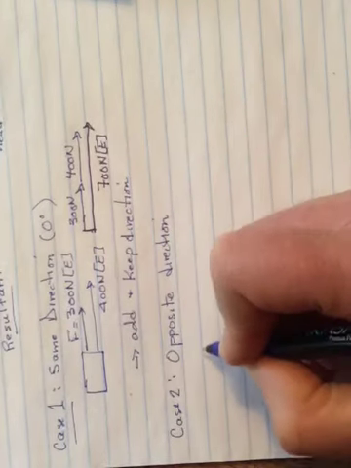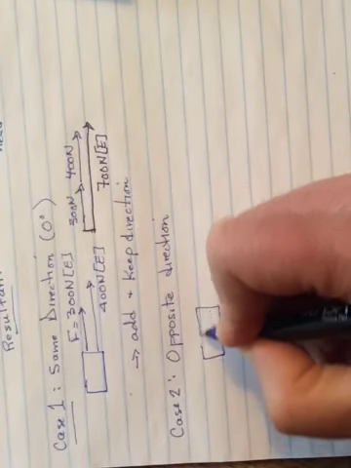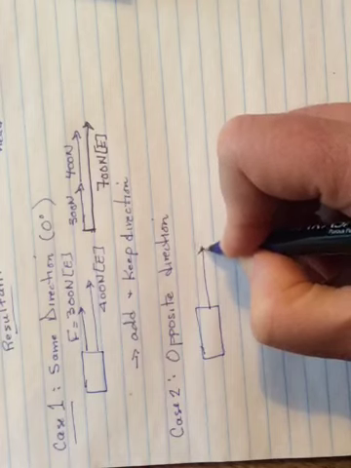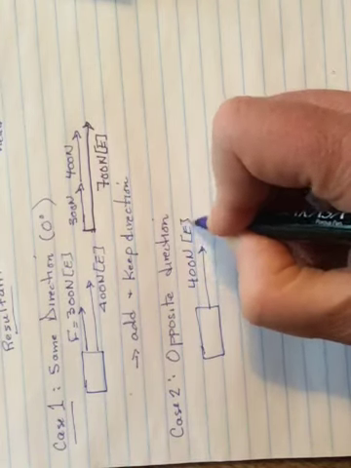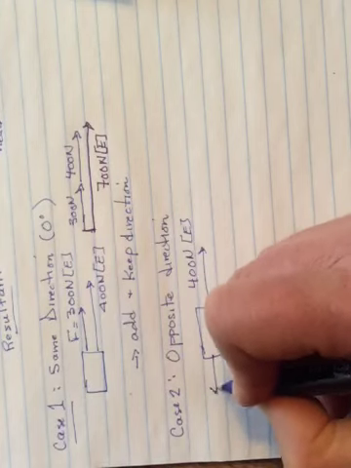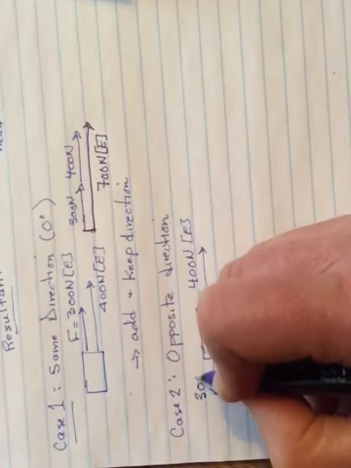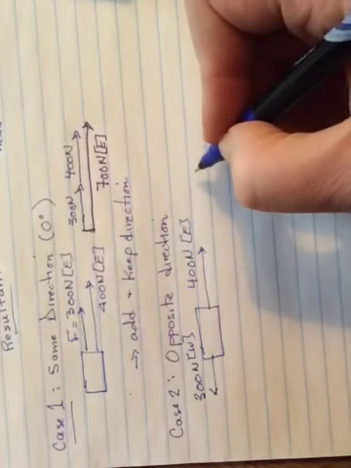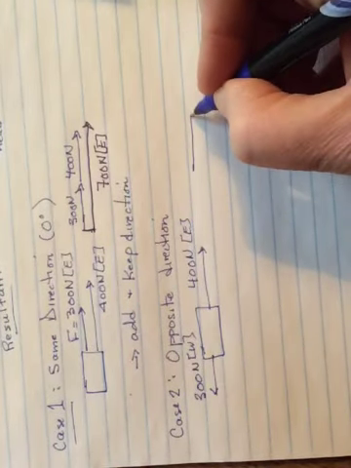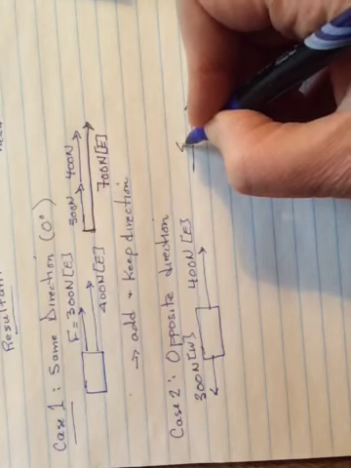Okay, so this goes back to our two people with the box that were pushing opposite each other. So this time we have a 400 Newton force still going east, but our 300 Newton force this time is going west. Right? If we were to line them up head to tail, and yes, I do know you all have the answer already.